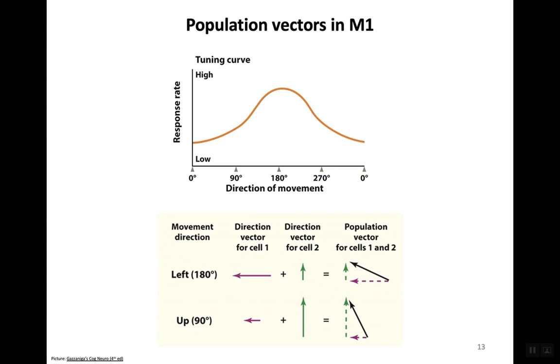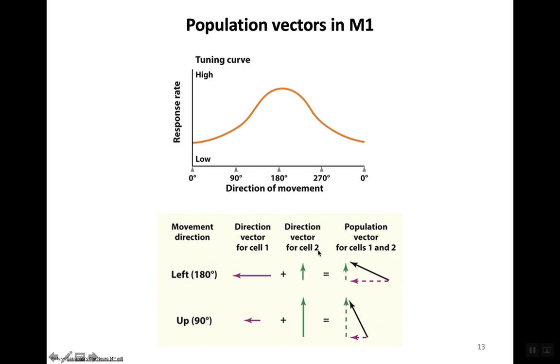Okay, so decoding the resulting direction of movement is simply the result of combining vectors corresponding to different cells. However, in the case of this simplified example, we are only looking at two cells.